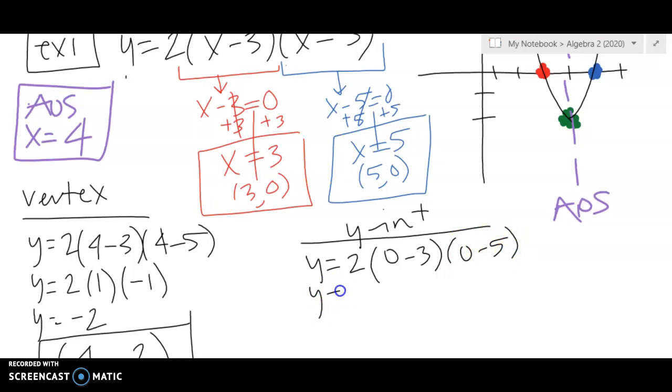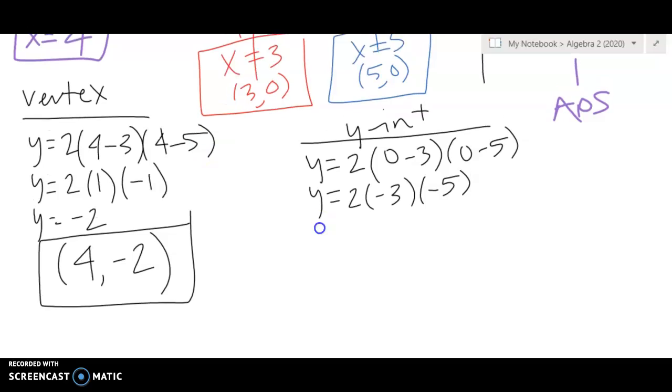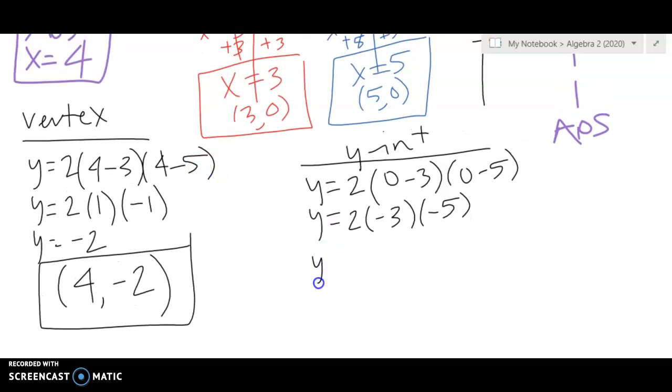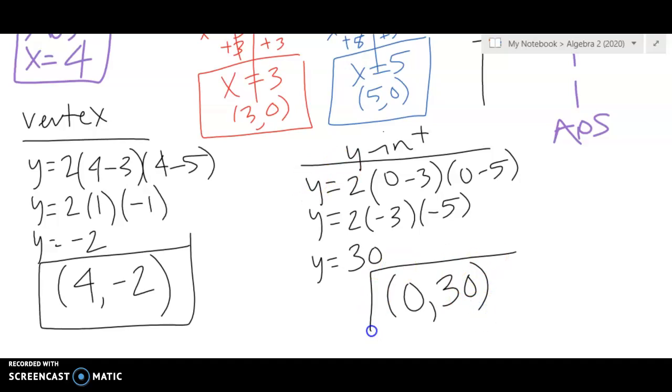Again, I'm just going to work this out by hand because I don't have a calculator. 0 minus 3 is negative 3. 0 minus 5 is negative 5. Then I'm going to do some multiplying here. 2 times negative 3 is negative 6. Negative 6 times negative 5 becomes positive 30. So if I put the x value as 0, then the y value comes out to be 30.